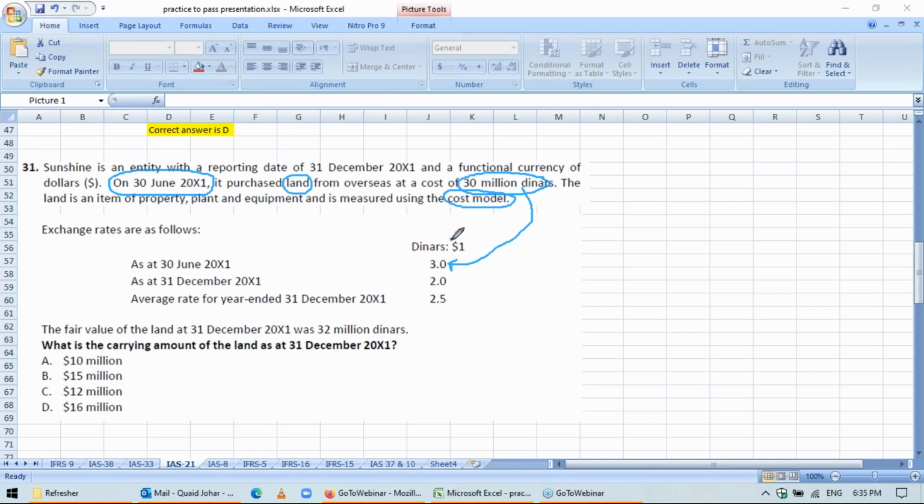Indirect quote means they are telling you the price of the reporting currency, and your reporting currency is dollar. So if they are telling you the price of the reporting currency, in order to convert, you will divide, right? And if they tell you the price of 1 dinar, then you will multiply. So over here, they are telling you the price of the reporting currency. So you need to divide it. So let's convert first.